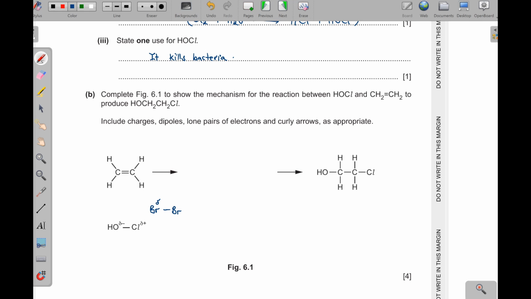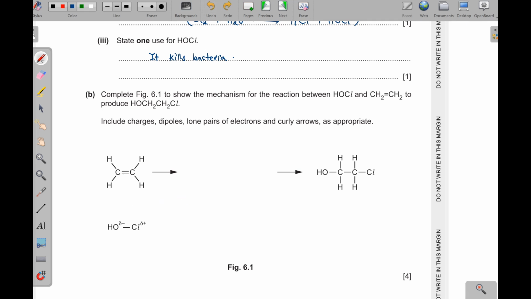That's why we say induced dipoles. So this one has a partial positive, this one attains a partial negative, and we continue. It's the same that we are going to have here.